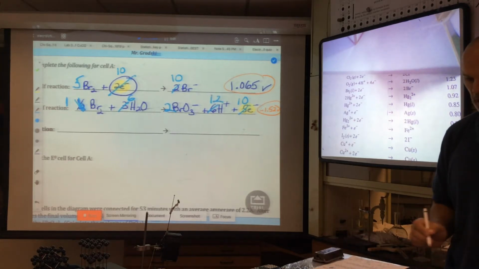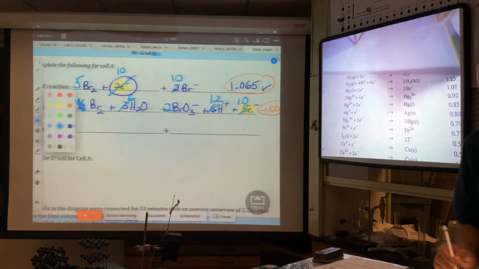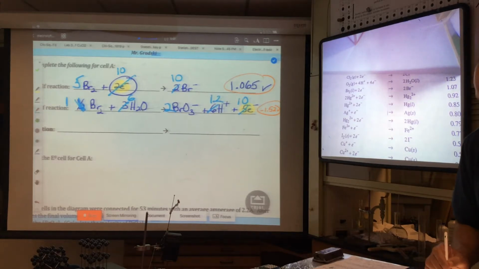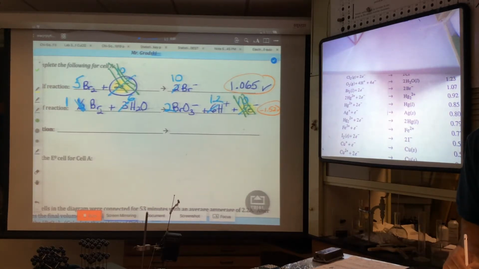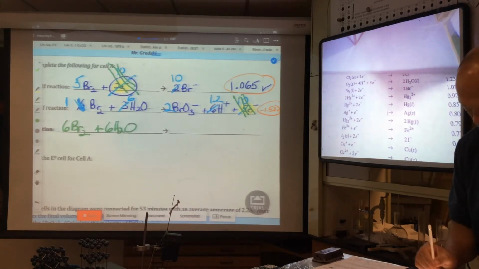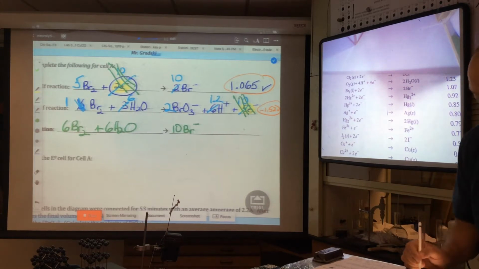Now we cancel stuff on both sides. I'm going to cancel out my electrons, because 10 electrons, 10 electrons. 5 plus 1 is 6 Br2. Now I only have 6 waters over here. 10 Br negatives, keep the same. 2 what?